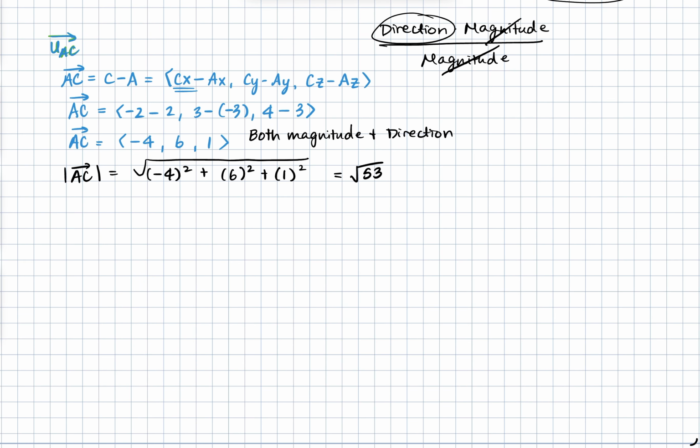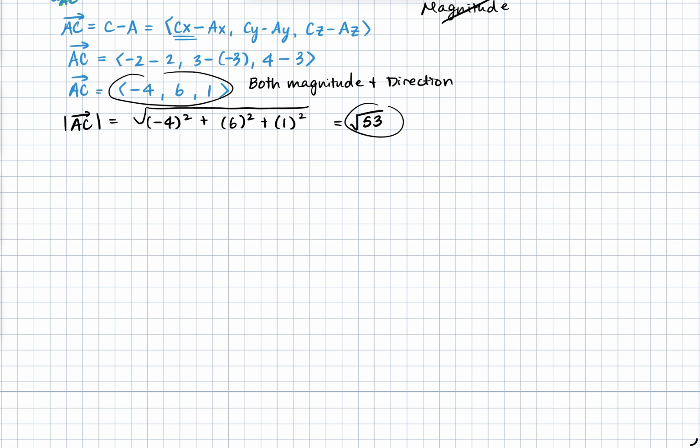So if I take my vector, which is over here, and divide it by root 53, I'm going to get UAC equals -4, comma, 6, comma, 1 over root 53. And I can write this as the vector of -4 over root 53, comma 6 over root 53, and then 1 over root 53.